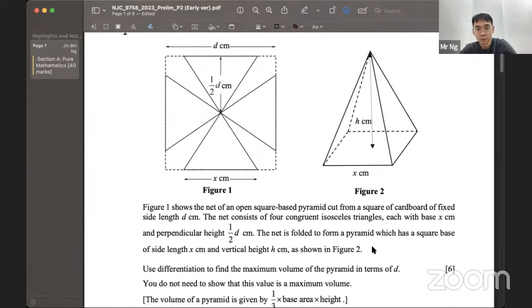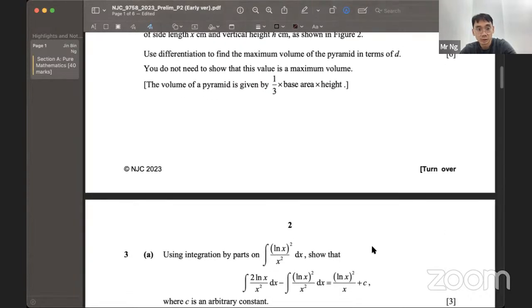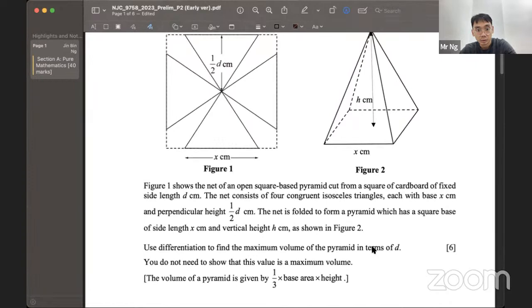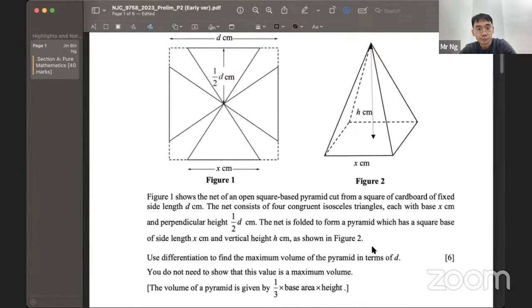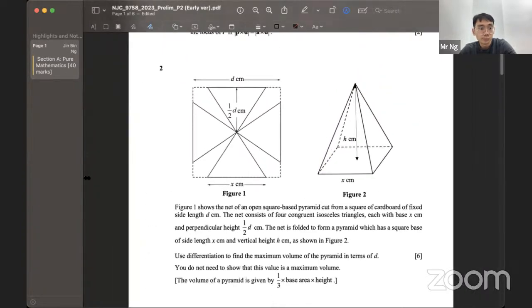Okay, this one shouldn't be too difficult. That's good.